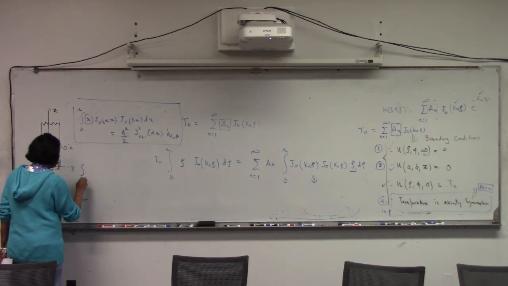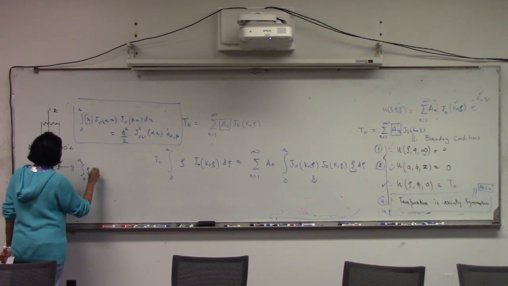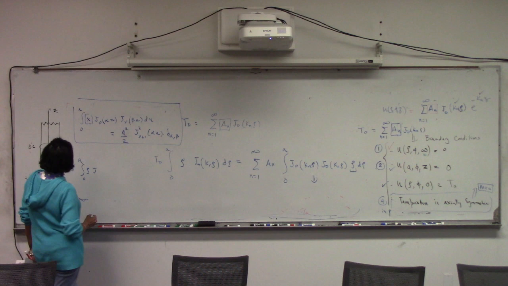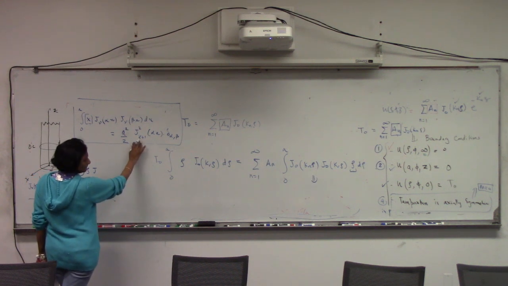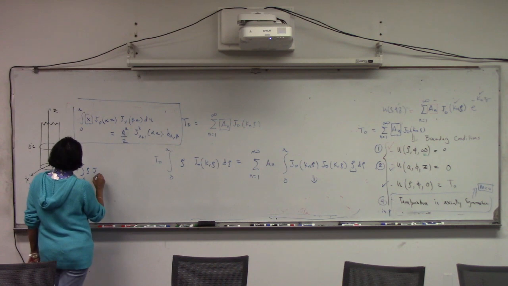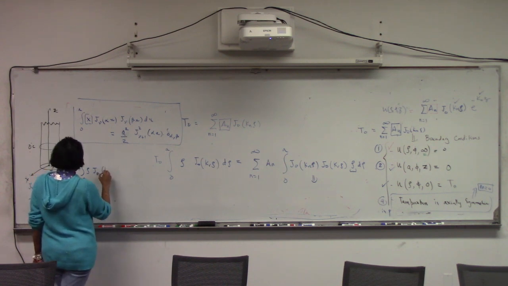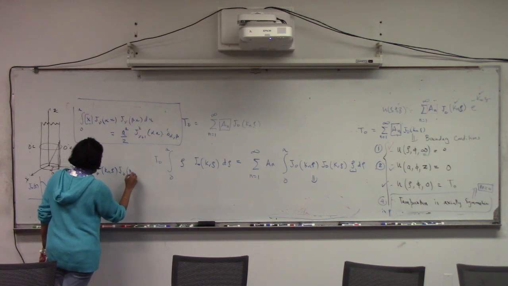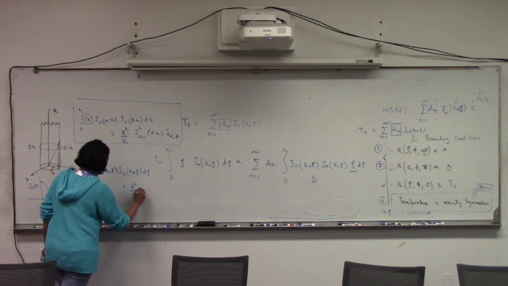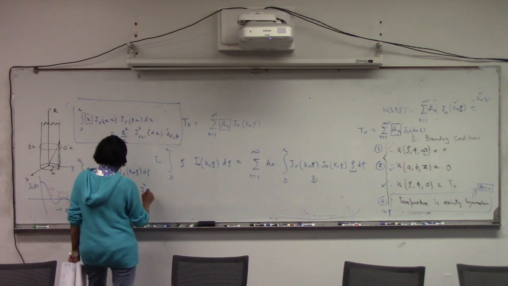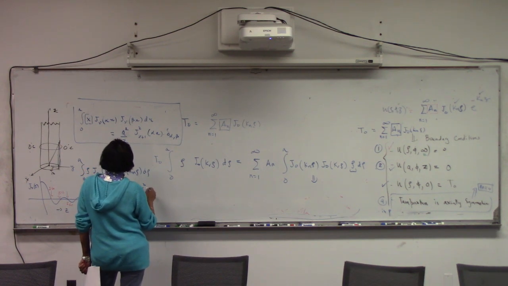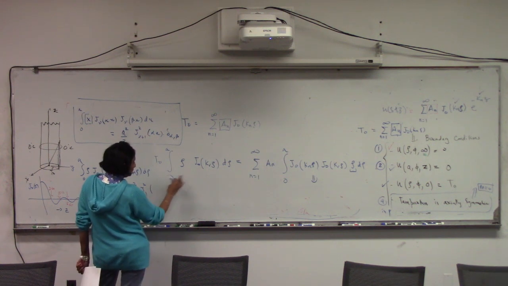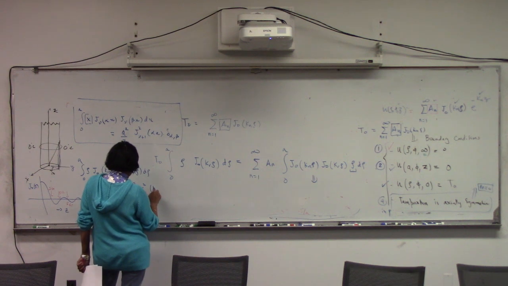So what we have is the integral from 0 to A of J0 Kn rho J0 Kn rho, rho d rho, which is nothing but A squared over 2 of J squared 1 of KrA.